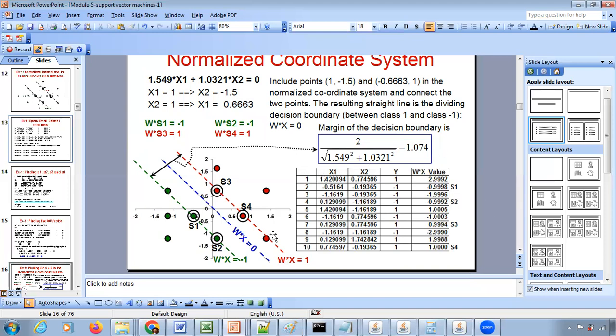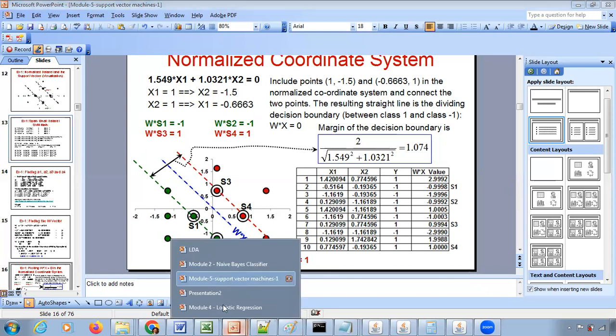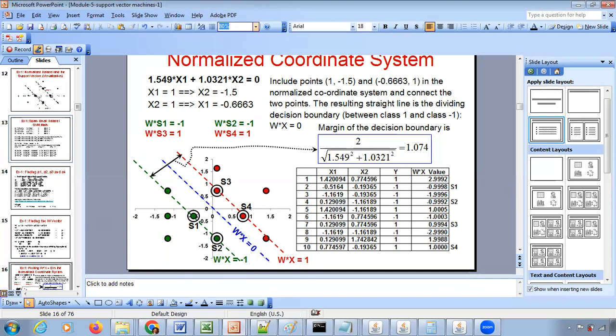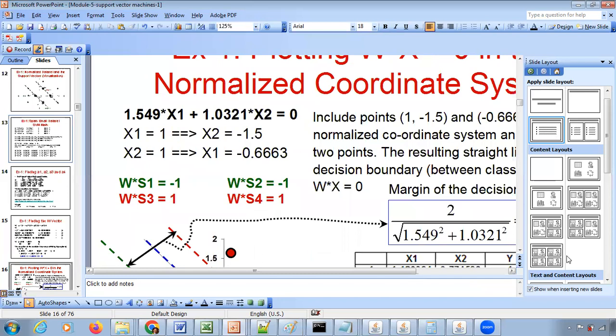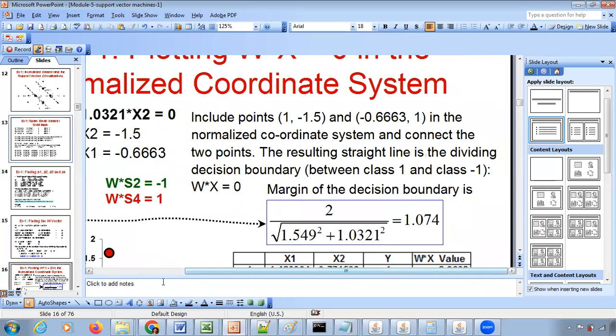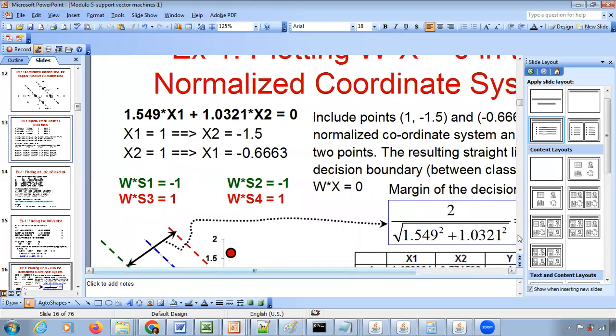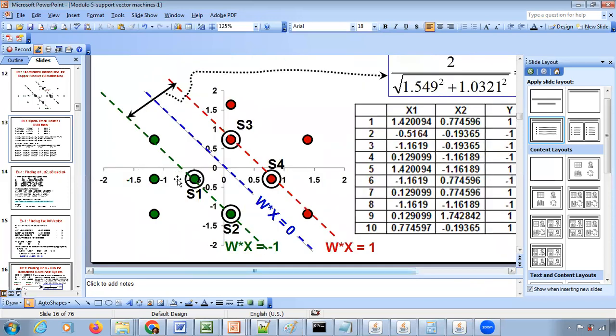And as I said before, you can go back to the normalized coordinate system and see if the distance between the 2 support vectors is close enough to that. It's just for our visual verification. So 1.074, so something close to 1.1. So we have here, this is negative 1 and negative 0.5, so roughly cutting in half, so say negative 0.7 on this side.